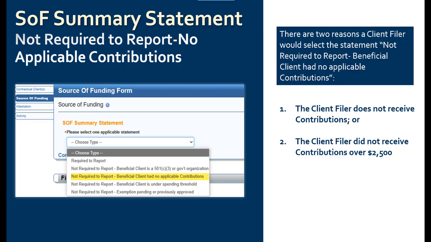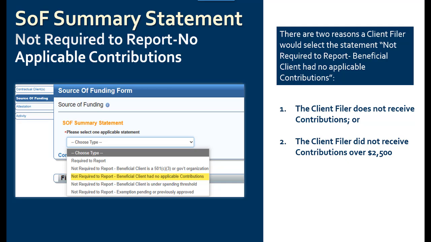There are 2 reasons a client filer would select the statement Not Required to Report, Beneficial Client Had No Applicable Contributions. 1, the client filer does not receive contributions, or 2, the client filer did not receive contributions over $2,500. If either 1 or 2 applies, choose the statement highlighted in yellow here.